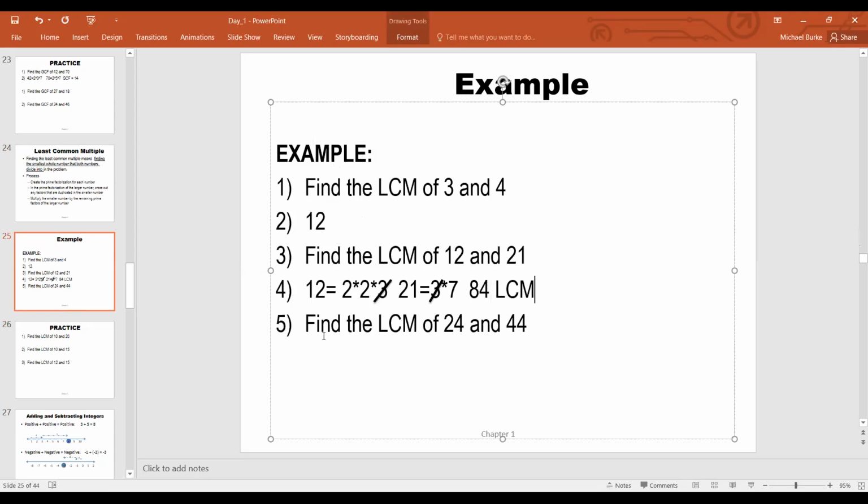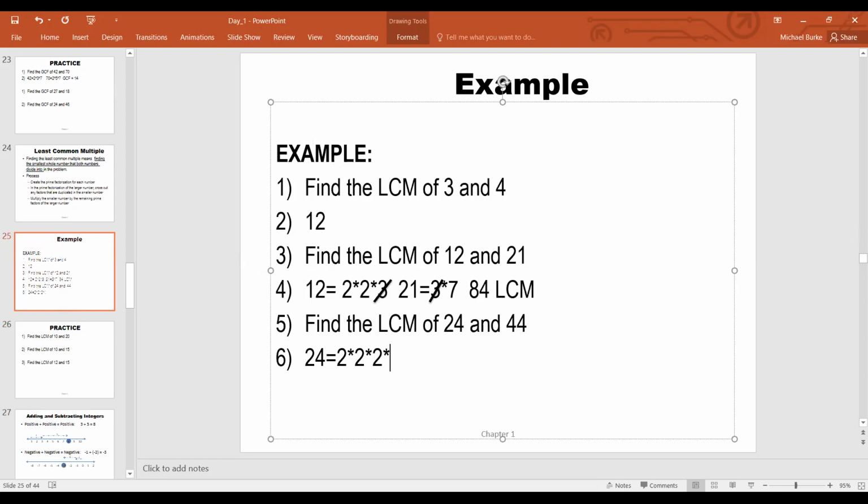Okay, let's do one more because this is such a screwy concept. 24 is 2 times 2, that's 4 times 2, okay, we've got 8 times 3.